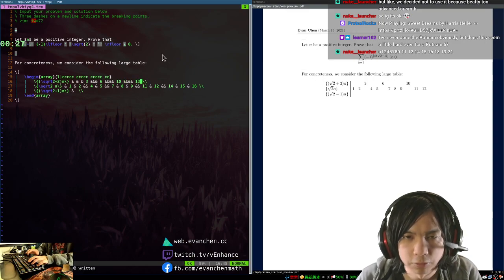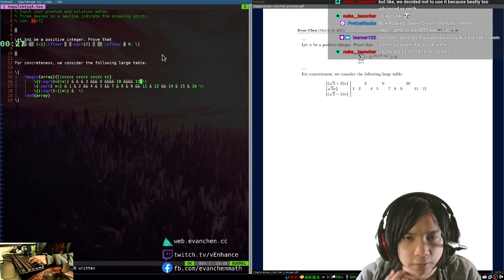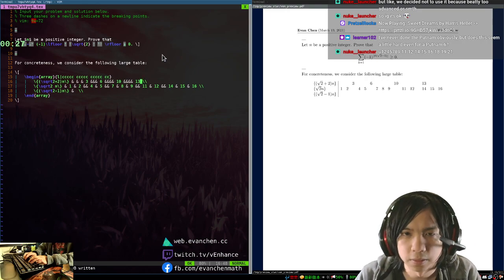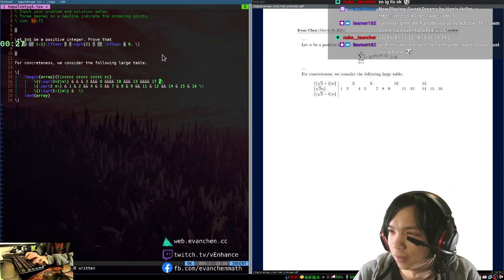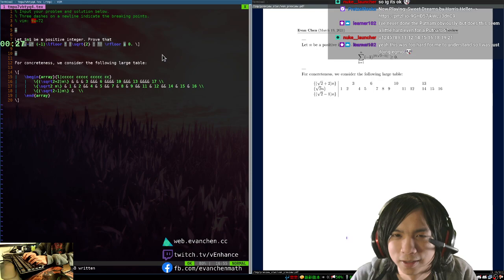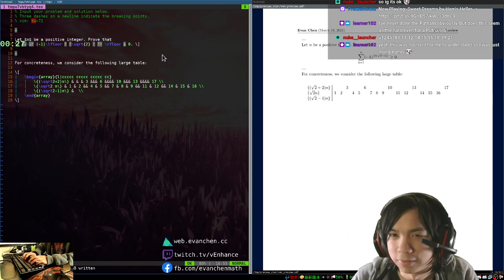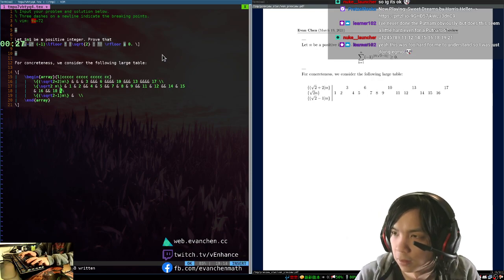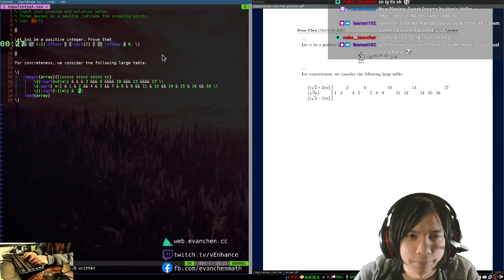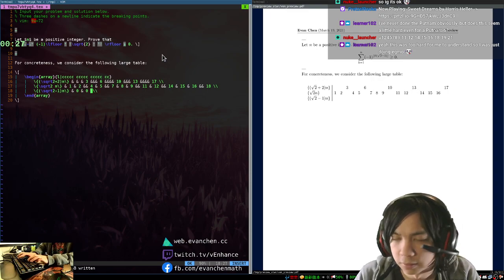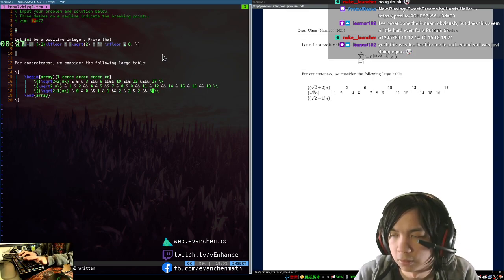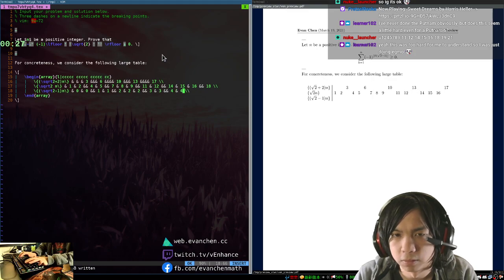Okay, so we'll go up to 13. Actually, this is really hard to typeset. 17. Okay, that should be enough terms. And then on the bottom, we will write square root n minus 1: 0, 0, 1, 1, 2, 2, 2, 3, 3, 4, 4, 4.